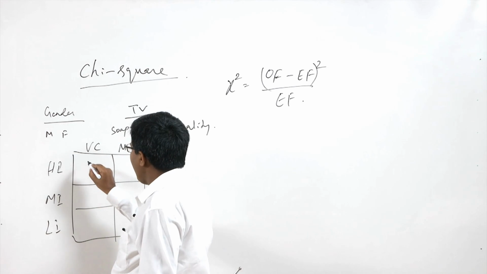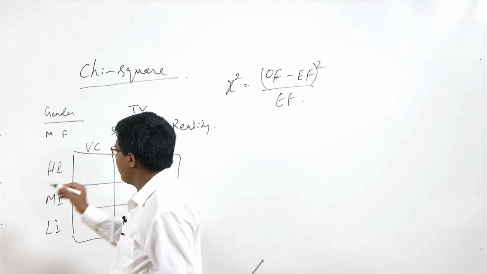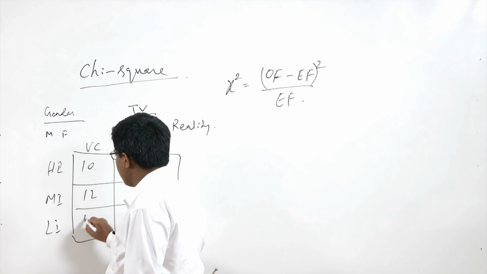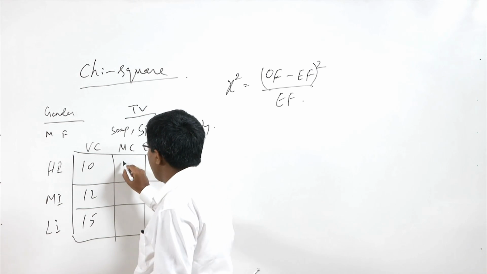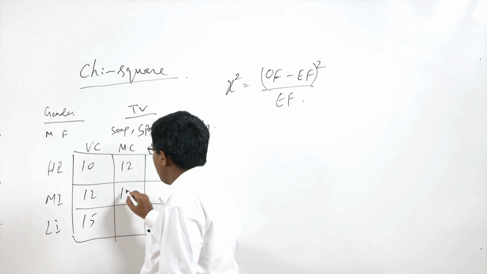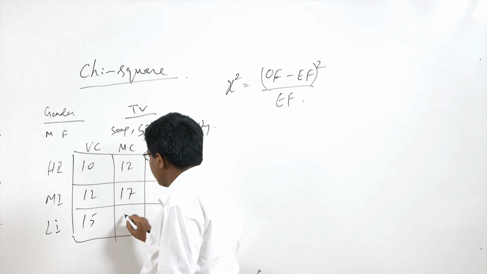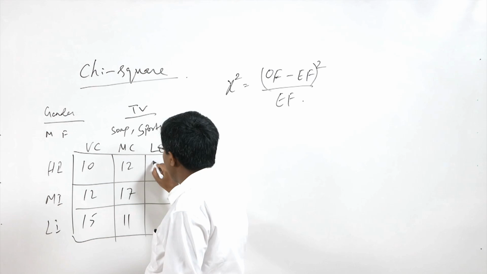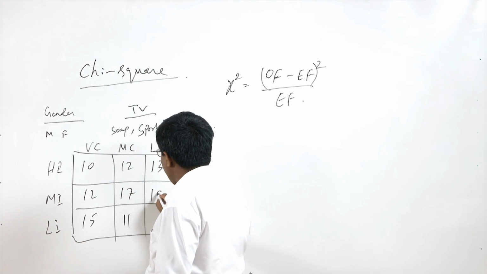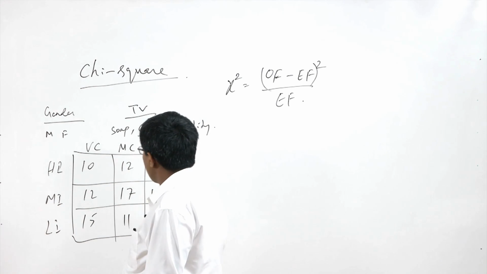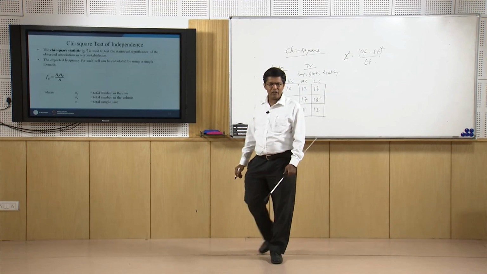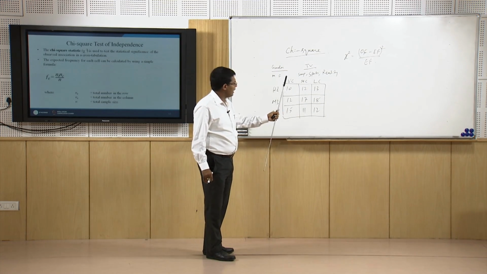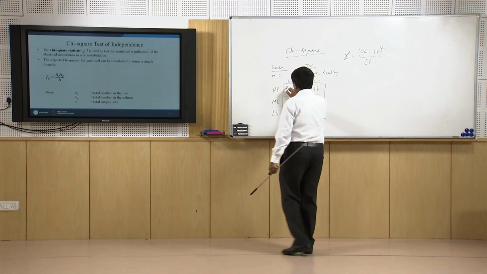Now I have made some observations, and let us say these are 10, 12, 15, 12, 17, 11, 13, 18, 12. I am randomly putting numbers. Can I say that there is a relationship between income and cleanliness? Now these are my observed data, right.